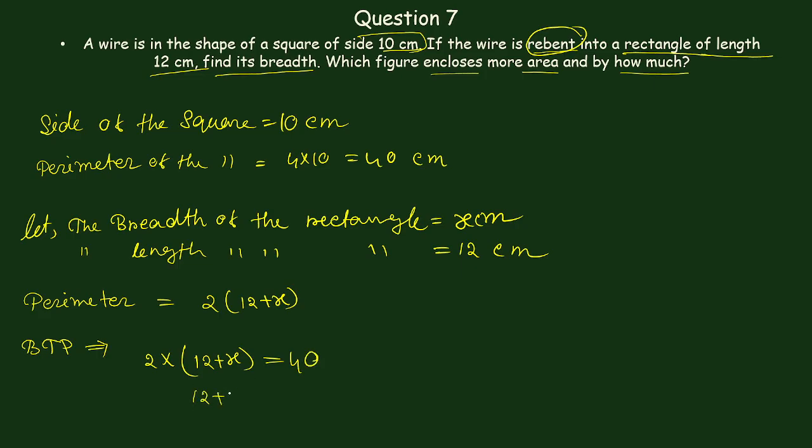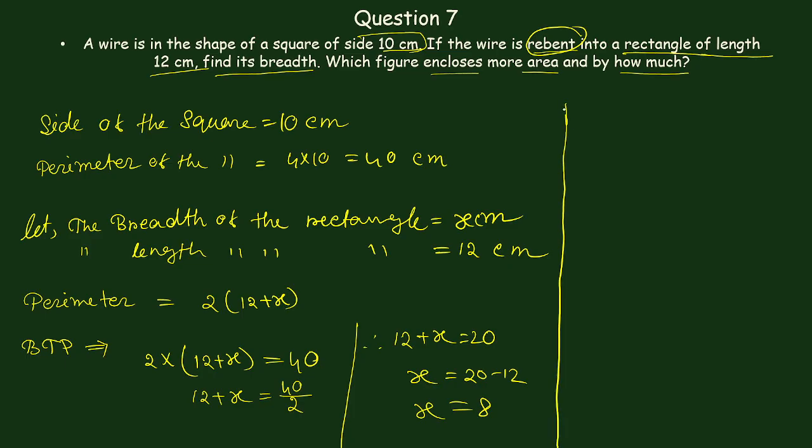So 12 plus x equals 40 divided by 2. 2 is multiplied here, so it will come here as a divide. Therefore 12 plus x equals 20. x will be 20 minus 12, that is 8. Now you know the breadth of the rectangle, right?